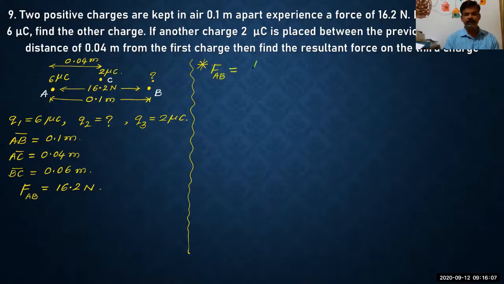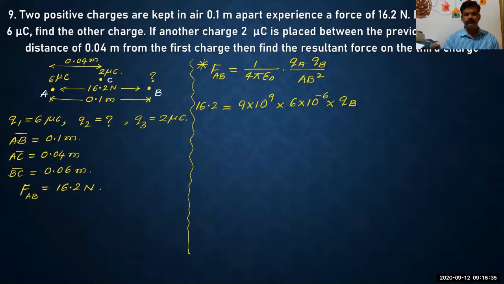The force present between the two charges, taken as F between A and B, is given by the formula 1 by 4 pi epsilon naught into QA QB divided by the distance square, that is AB square. It is 9 into 10 raised to 9. The force is given, 16.2, into QA, which is 6 microcoulomb, 10 raised to minus 6. But I don't know what QB, or Q2, is.